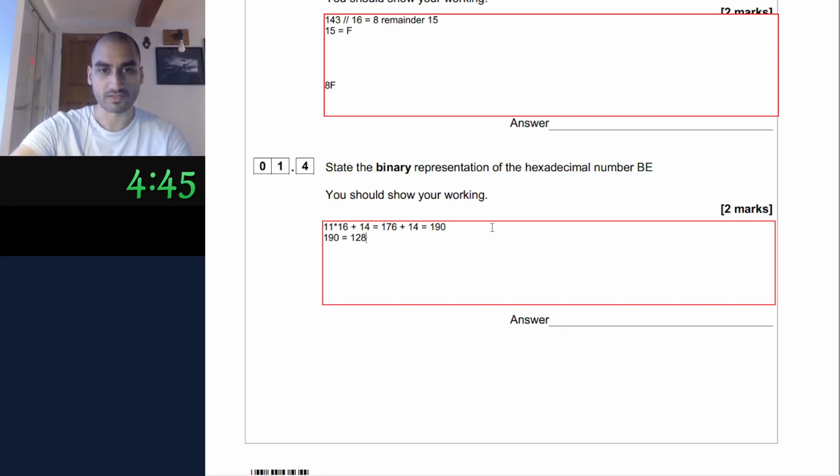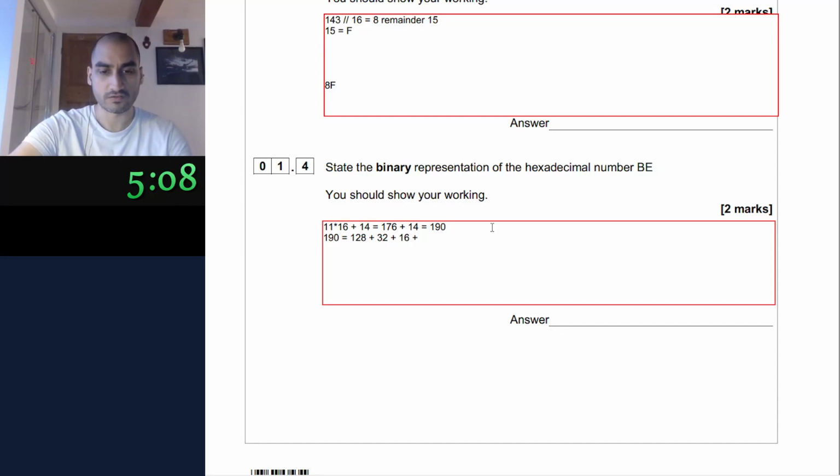So then we have to divide it into powers of 2, so 128. What have we got left over? 62. So we've got 32. And then we've got left over 30, so 16.